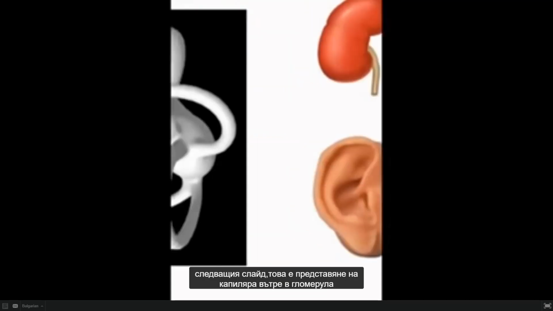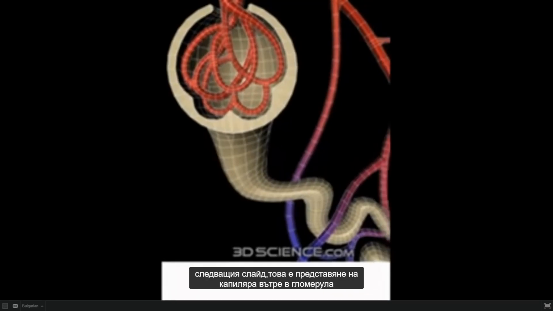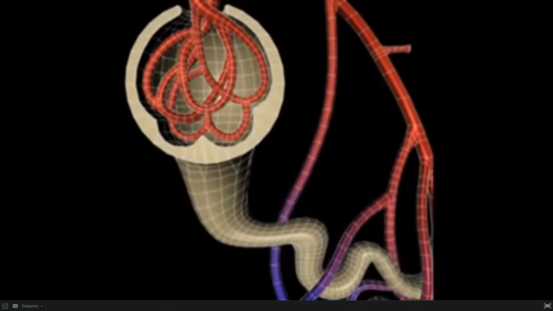Okay, then we go to the next slide. The next slide is a representation of the capillaries inside of the glomerulus. This is the orientation of each arteriole in space, and as you see, the same orientation is in the inner ear.